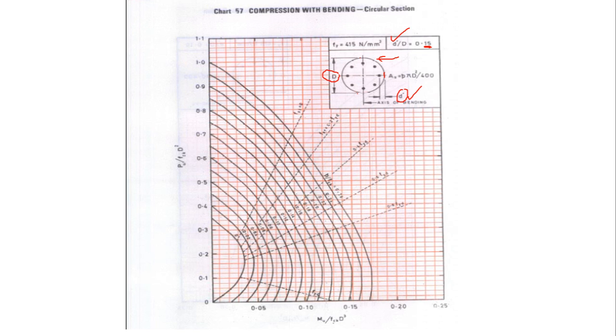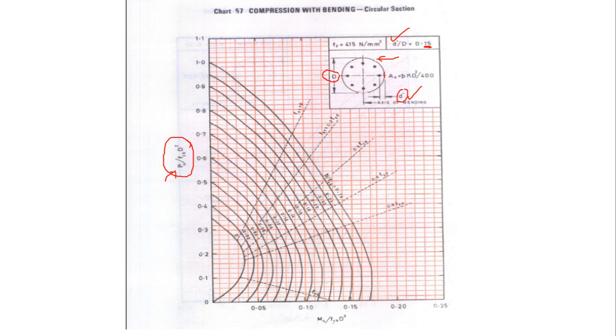Now you observe the y-axis. The y-axis is Pu by fck D square. I don't know whether it's visible to you, but it says Pu by fck D square, where Pu is the factored axial load, or in our case the corrected axial load. fck is the grade of concrete and D is the diameter of the pile.